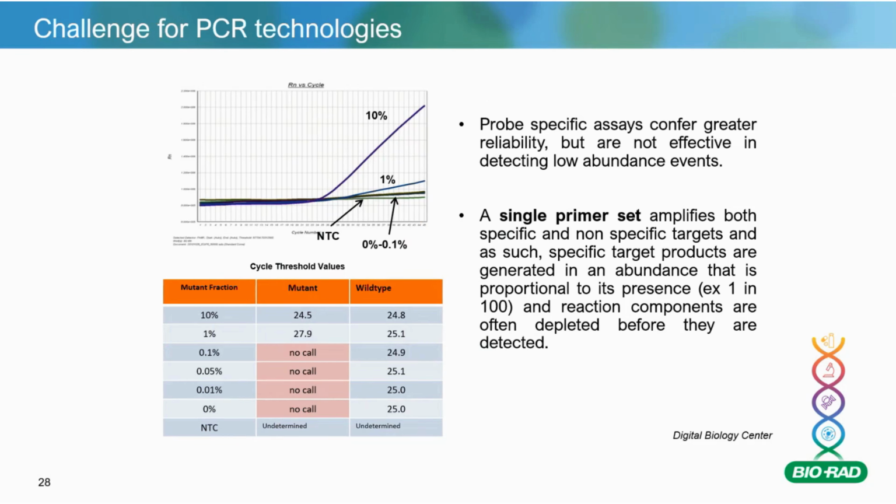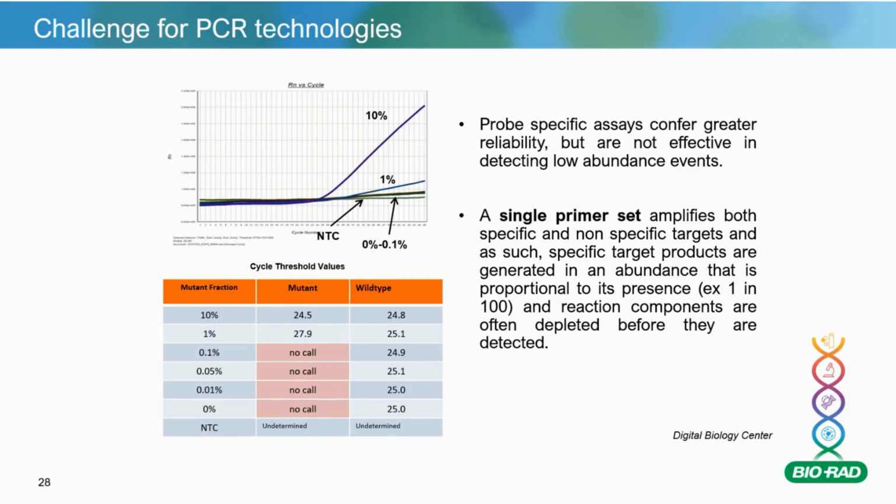If we look at the example here for PCR, so this is not ddPCR, this is just for PCR. Normally, when you're trying to detect a mutation, you have the same primer set, but you have a different probe set. Well, almost the same probe, maybe one nucleotide difference.